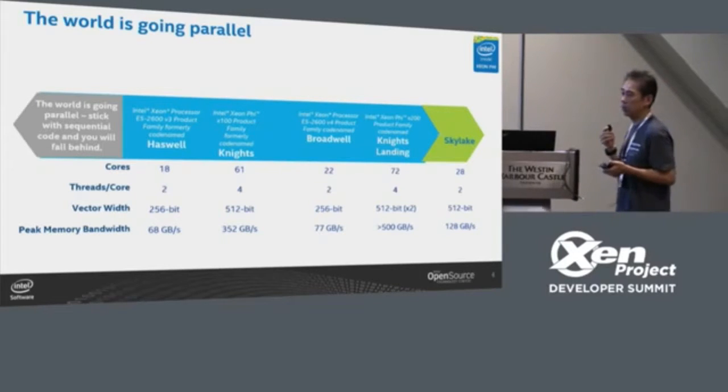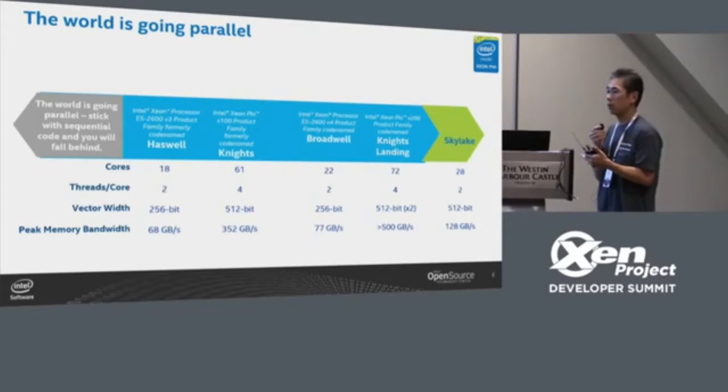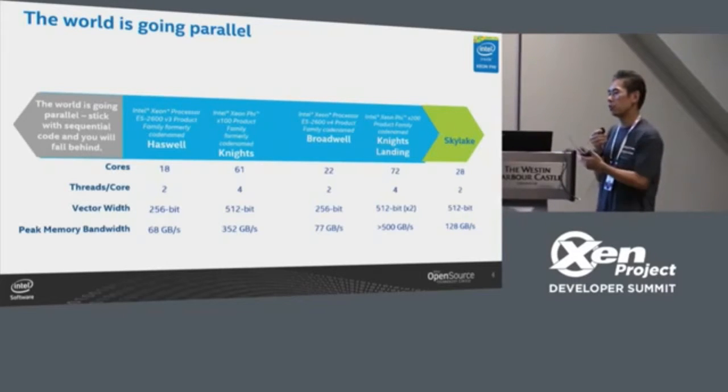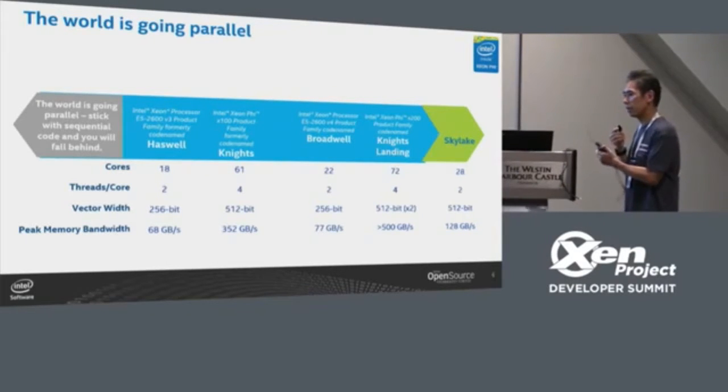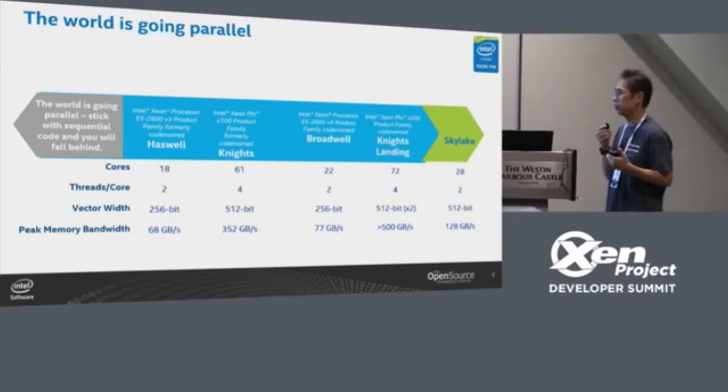Threads per core is 4, so the number of logical processors is a lot, actually 288 on Knights Landing. And also the vector width, which is required for vector instructions.